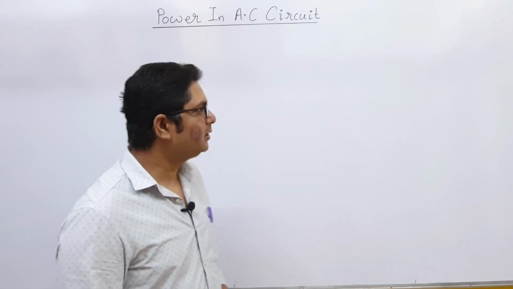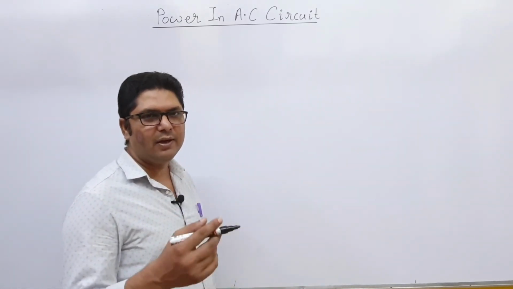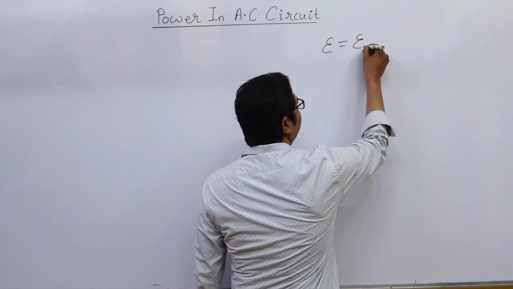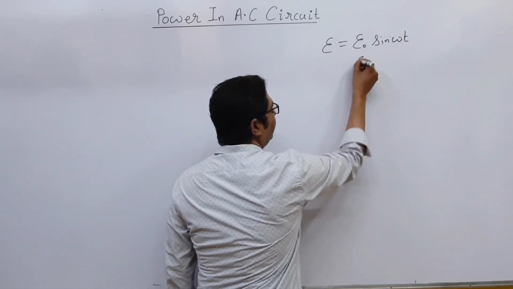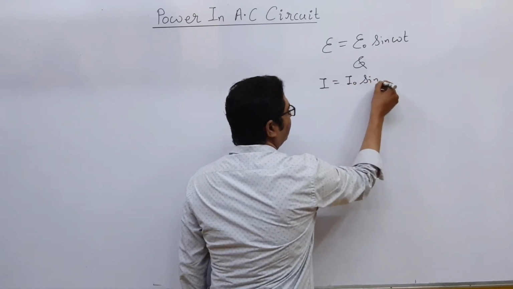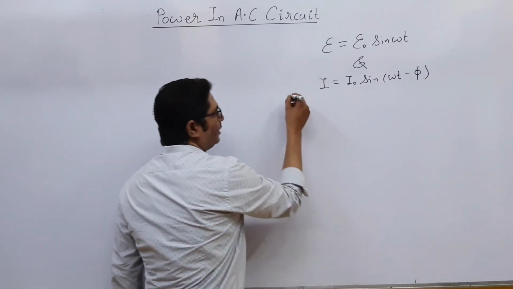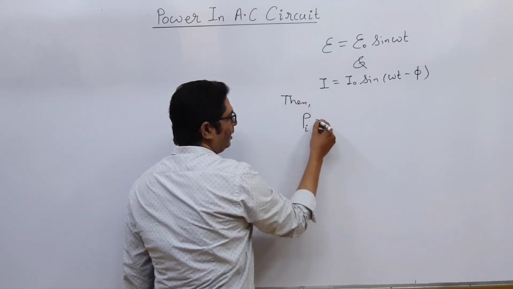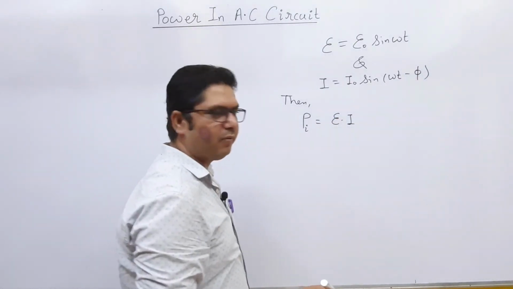For this, let us suppose at an instant of time t, the EMF and current are: EMF E equals E naught sin omega t, and current I equals I naught sin(omega t minus phi). Then the instantaneous power Pi is equal to E into I. We know that voltage into current is power.